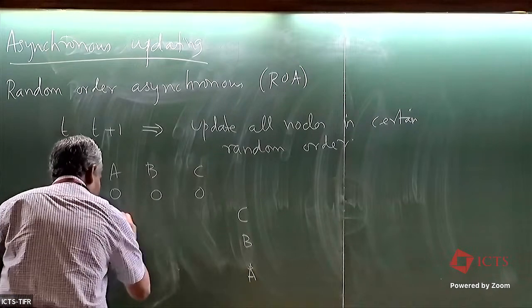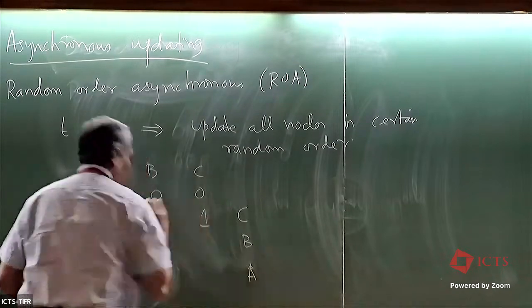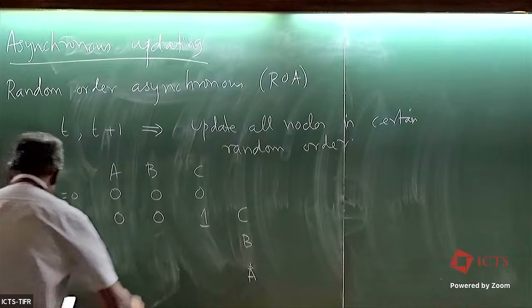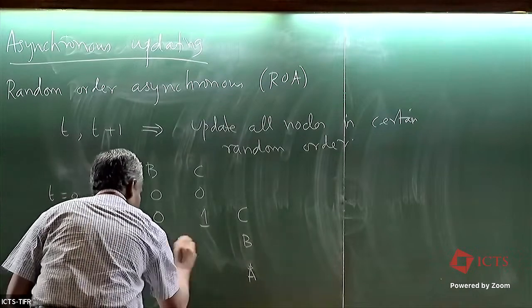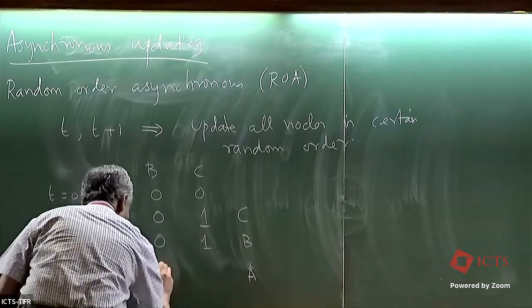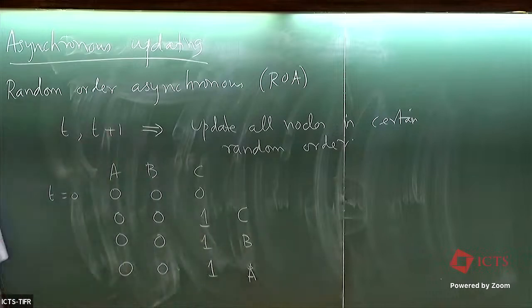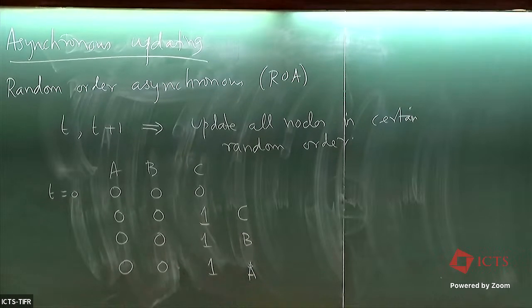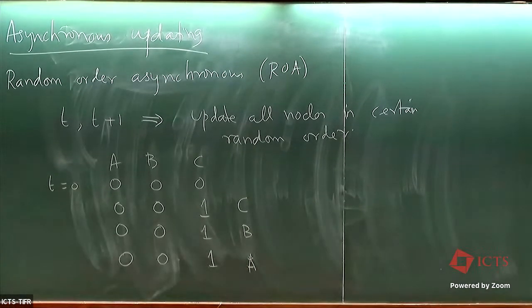So if I now do this, I'll have a 0, 0, 1, then a 0, 1, 1, and a 0, 1, 1. Now what you suddenly see is, in a deterministic approach, if you had started from 0, 0, 0, there is no way you will be able to reach the 0, 1, 1 state, which is a fixed point of the network.